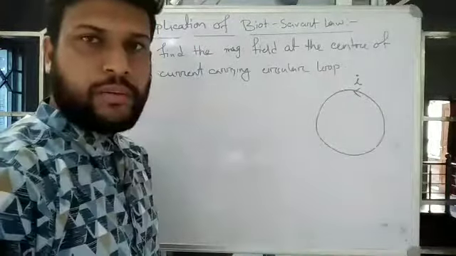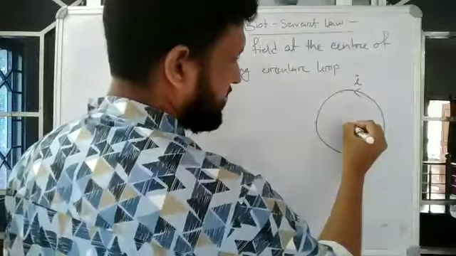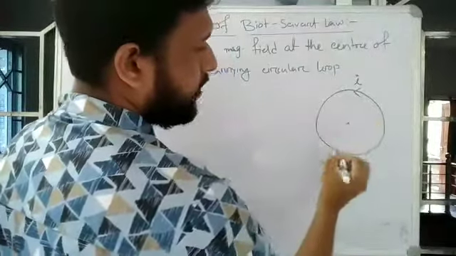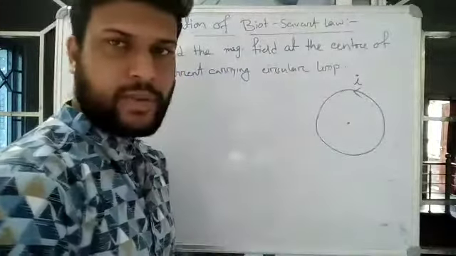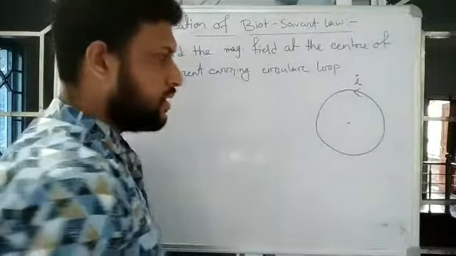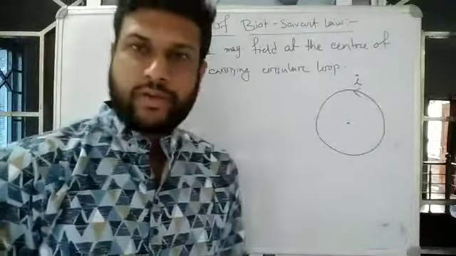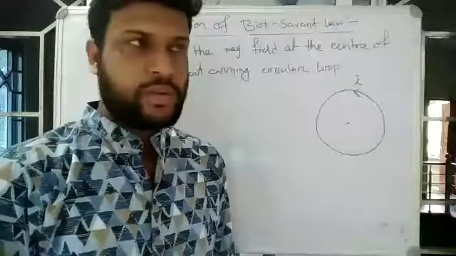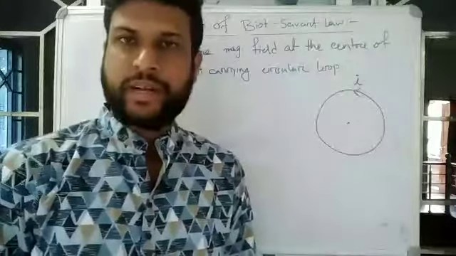Now our task is to find the magnetic field at the center. So the point of consideration here is the center. Understood? If we want to apply the Biot-Savart law, according to the law we need to have a line element, right? dl.